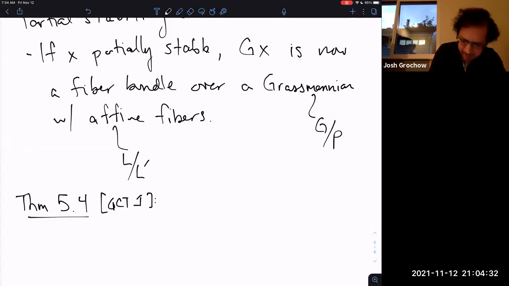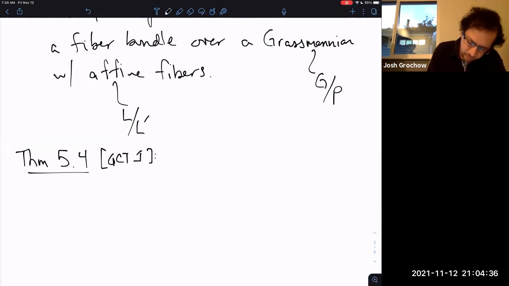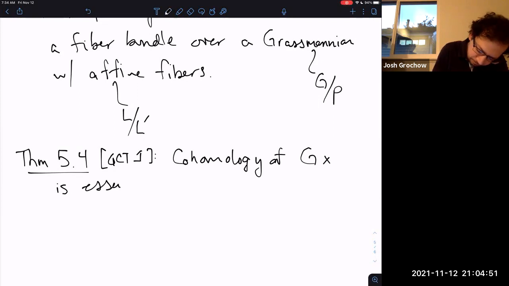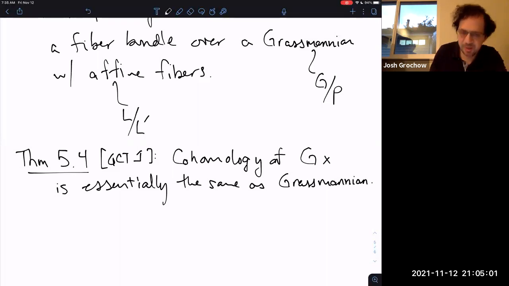It tells you that the cohomology no longer vanishes, but that the cohomology of the orbit, cohomology of Gx, is essentially the same as that of the Grassmannian, and the latter is a well-studied thing.